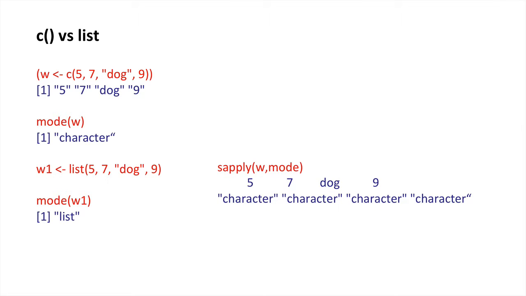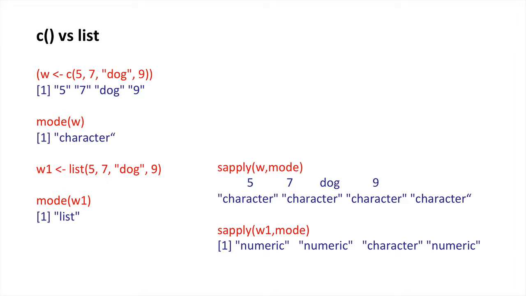We can now apply the mode to each of the individual elements of w, and we'll see that it forced them all to be characters because we used that concatenate function to join all the elements together. And yet if we apply sapply to w1 with mode, where we're asking what the mode of each of the individual elements within that list is, then we'll see that three of them are numeric, and yet the third element in that list, dog, is actually a character.